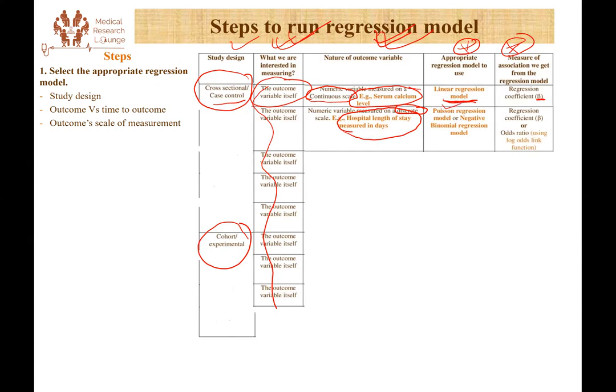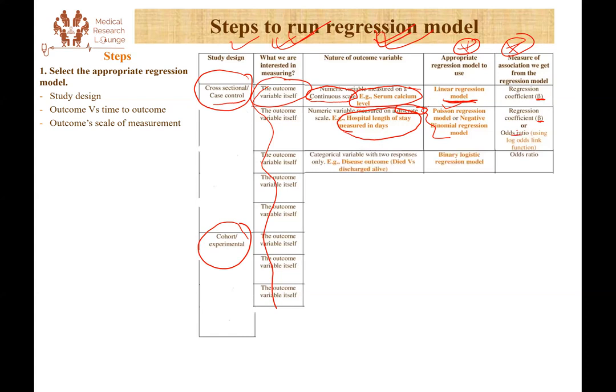But if the Poisson regression model fails its assumptions, which is actually the case almost 100% of the time, especially in medical research, fulfilling the assumptions of Poisson regression is very difficult with medical research data. So it usually fails, and when it fails, we use the negative binomial regression model. So for now, just understand that these two models are models that we use when our outcome is discrete data, and we can get either a regression coefficient or we can use the exponentiated value, which is the odds ratio.